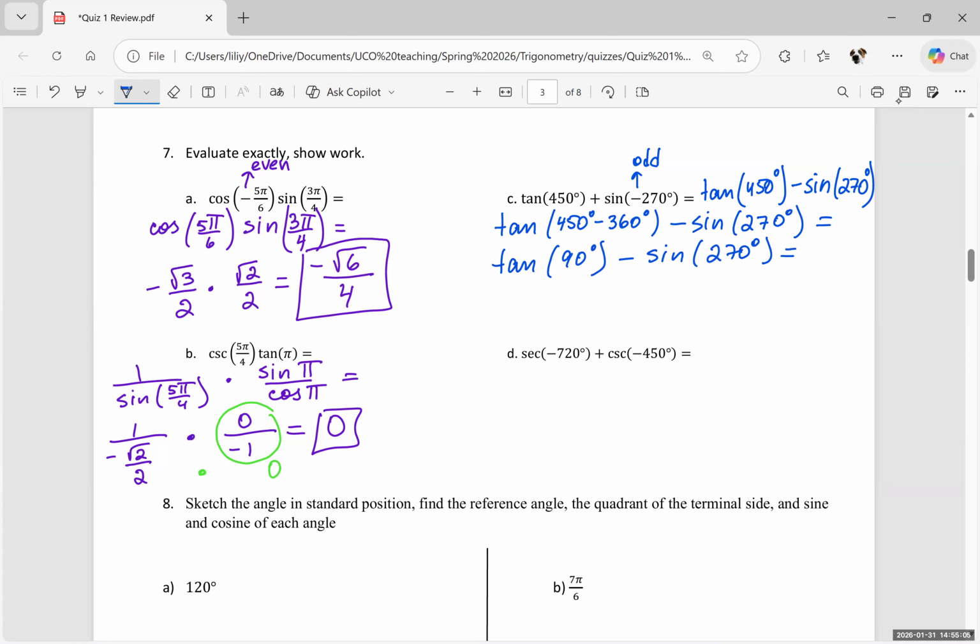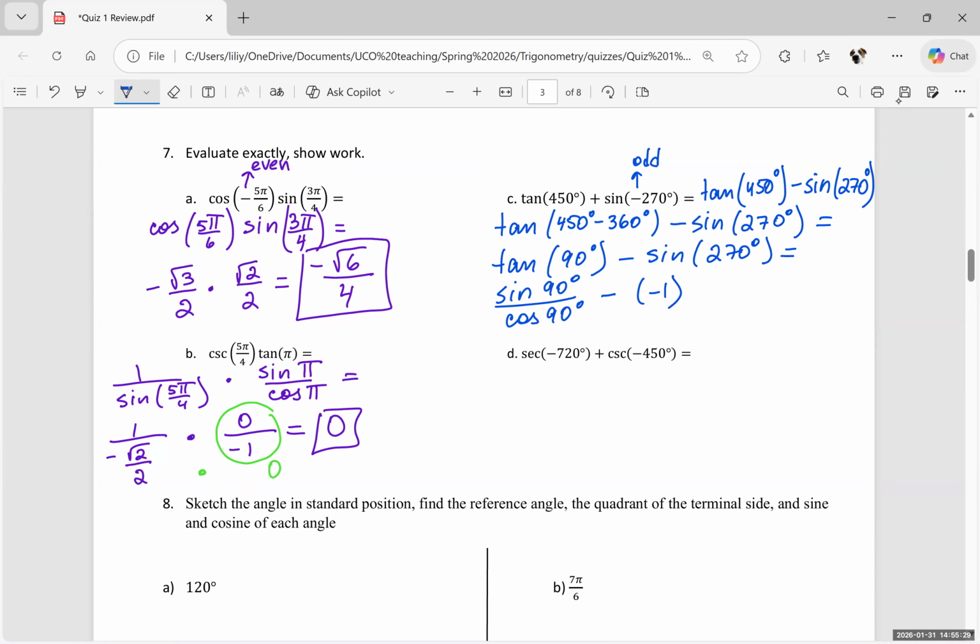Now tangent, think about that. Tangent is sine over cosine, so let me go ahead and do this. Sine of 90 over cosine of 90. This is where your issue is going to come in. Once in a while, you get a trick question like that. Sine of 270 degrees, by the way, is -1. So I'll go ahead and write that down.